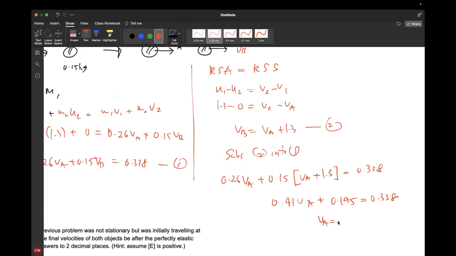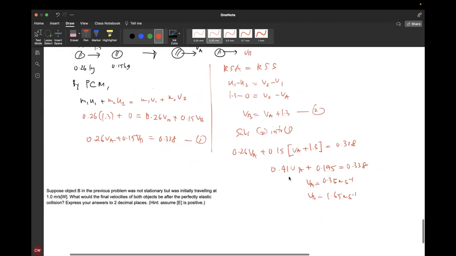So VA is going to be 0.338 minus 0.195, divided by 0.41. It's going to be 0.35 meter per second. Is the answer correct? Double check it. This one is plus 1.3, 1.65. Is anything wrong? Let me know.